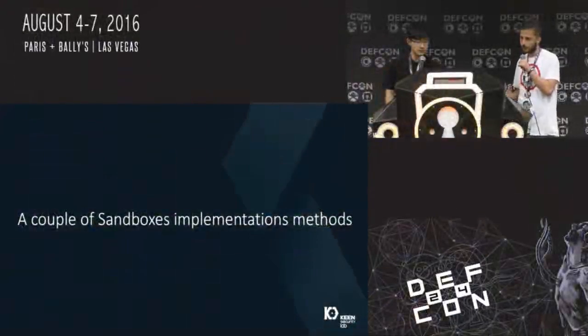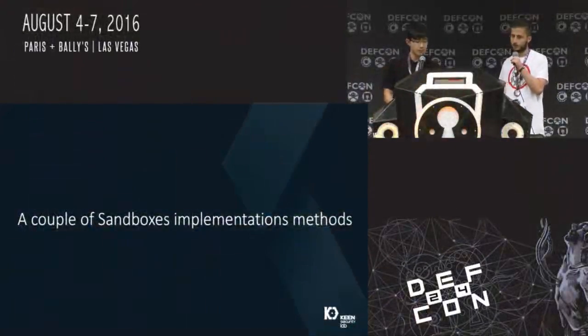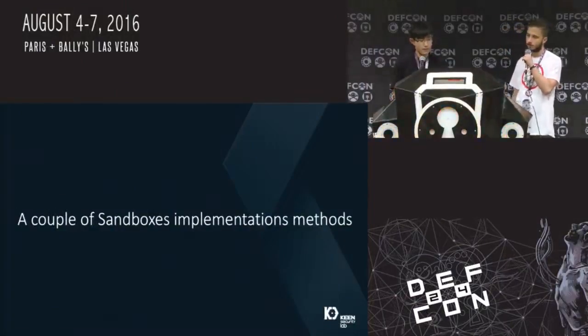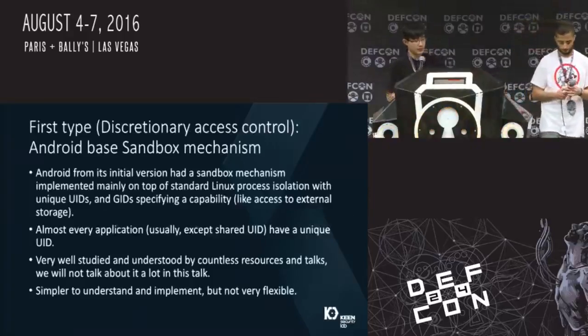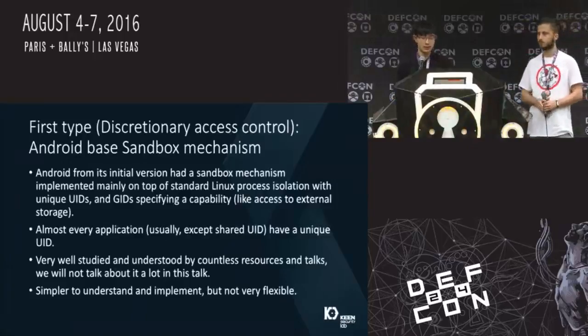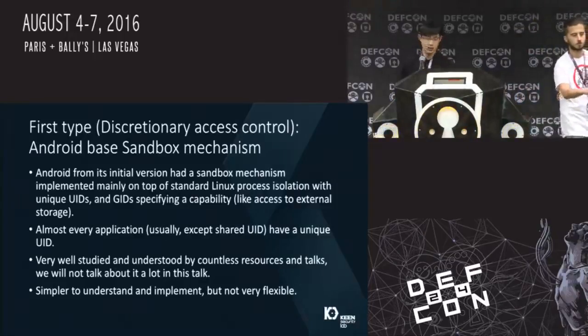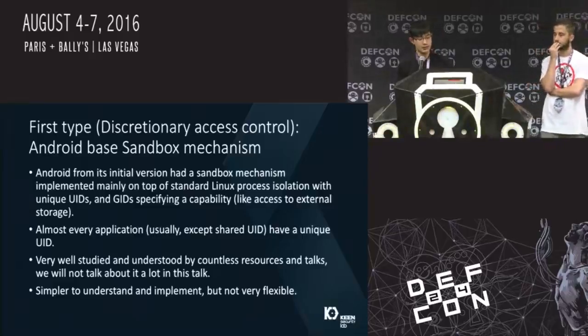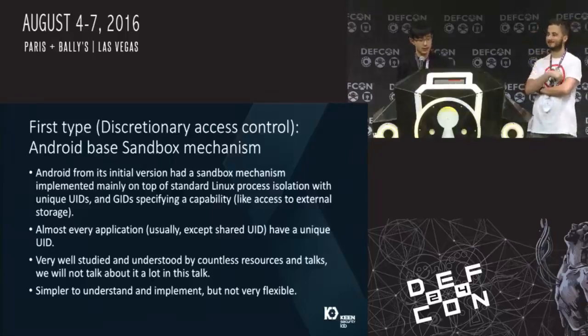So let's take a look at a couple of sandbox implementations, and Flanker will give you an introduction to the implementation of the sandbox on Android. I believe in the historical years, people tended to adopt DAC control. At the beginning of Android, which dates back to 2009 or 2010 when Android was originally born in a small company, it first adopted DAC control, which is just enforced in the Linux kernel.